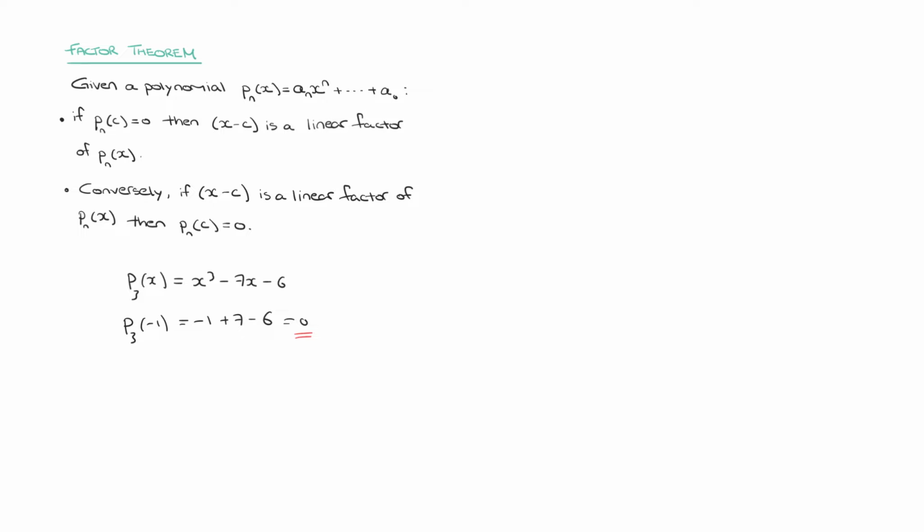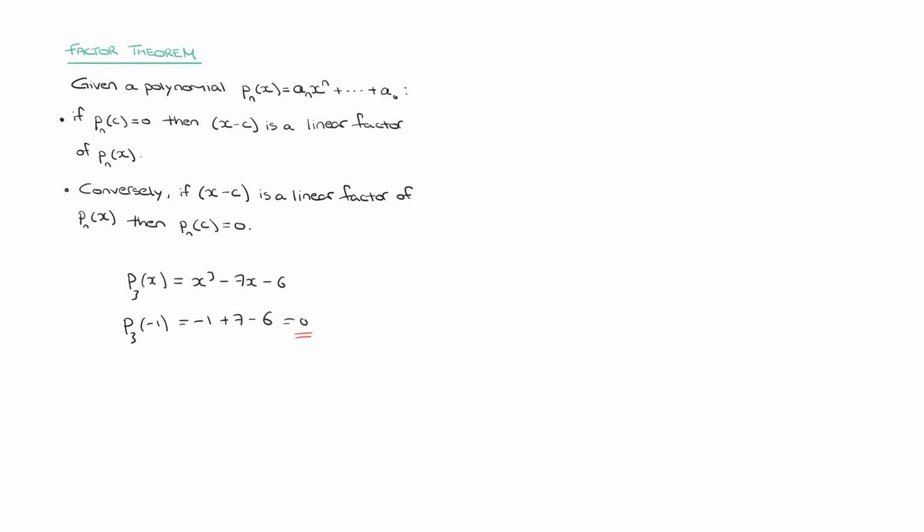Now, in turn, what the factor theorem tells us, according to this first bullet point here, since the polynomial evaluated at negative 1 is equal to 0, then x minus negative 1, in other words, x plus 1, has to be a linear factor of the polynomial. That's what the factor theorem is telling us. So let me just phrase that.